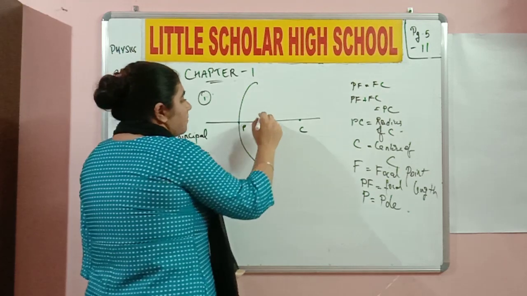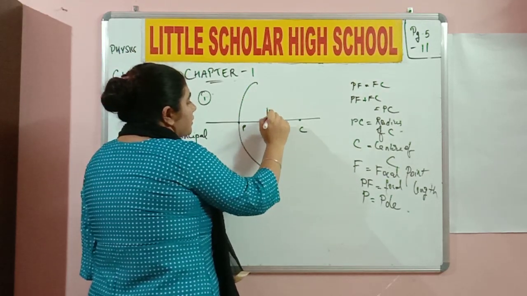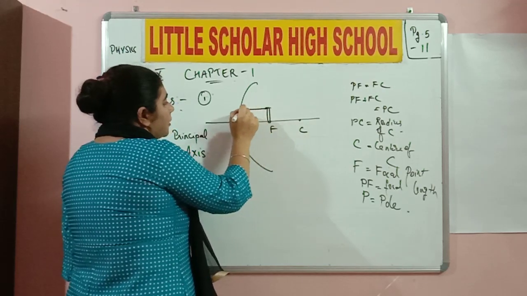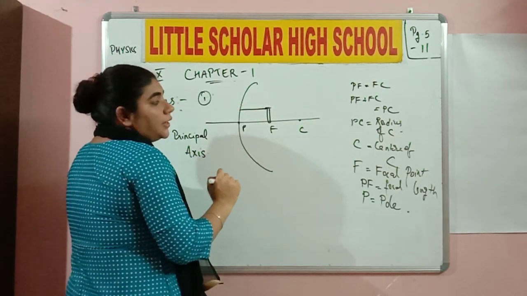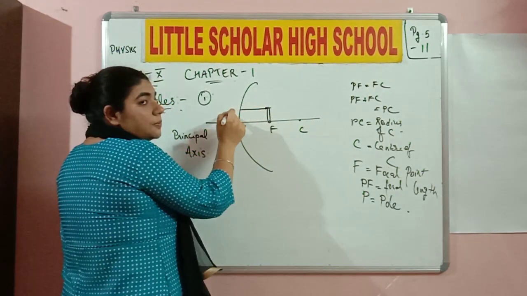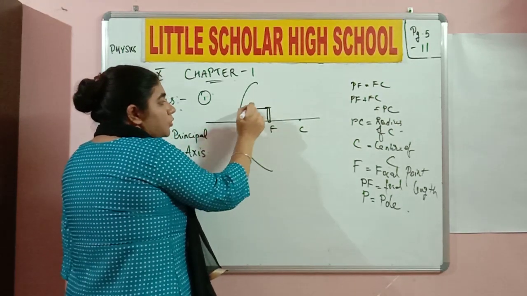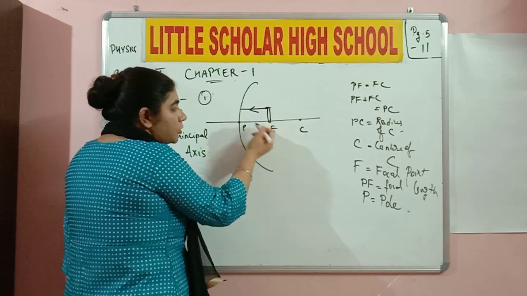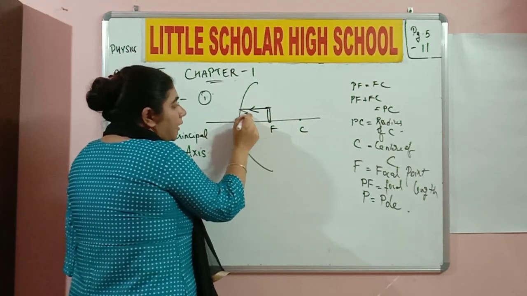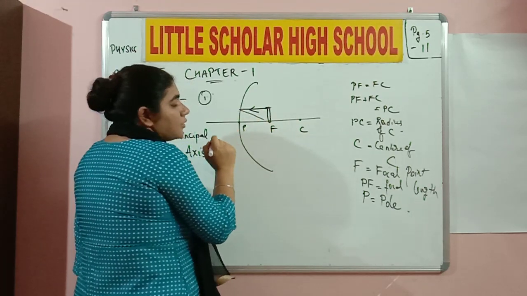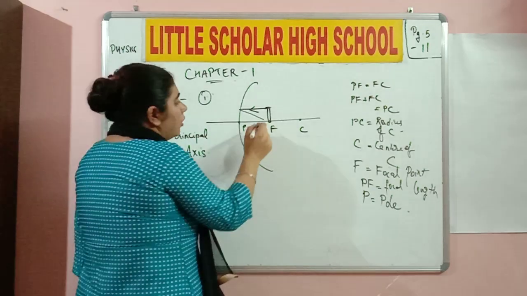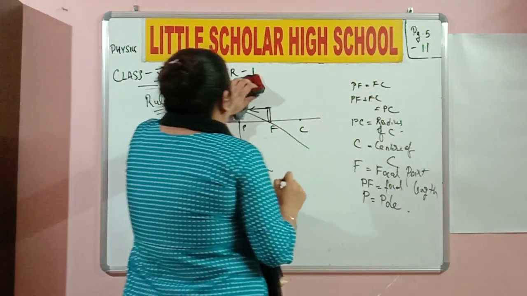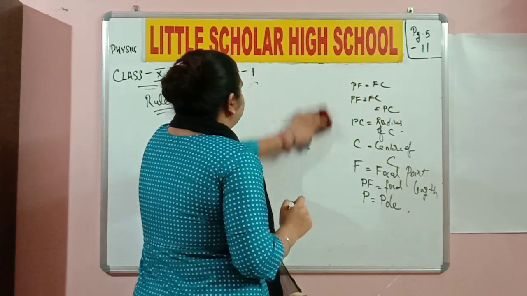Any ray which is projected towards the concave mirror and is parallel to the principal axis, the reflected ray is going to pass through the focal point. Did you understand? Okay, let's look at this much more clearly.